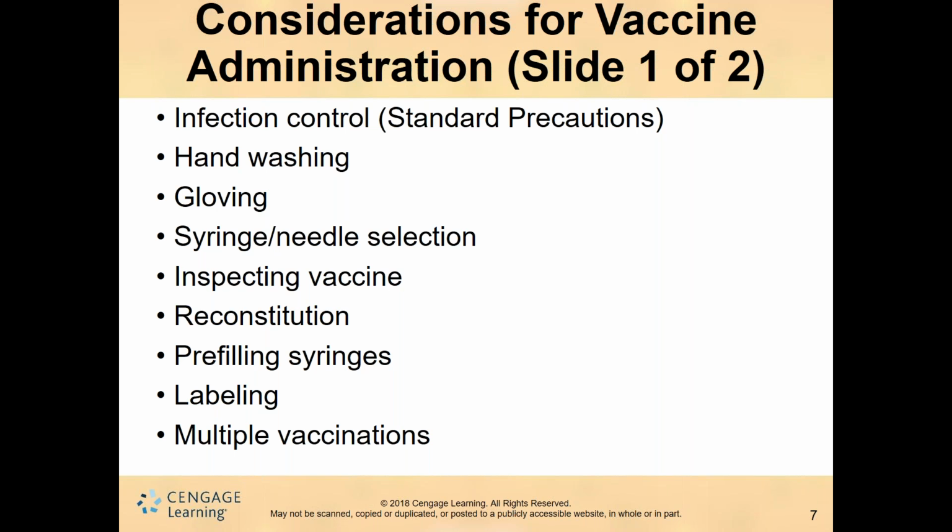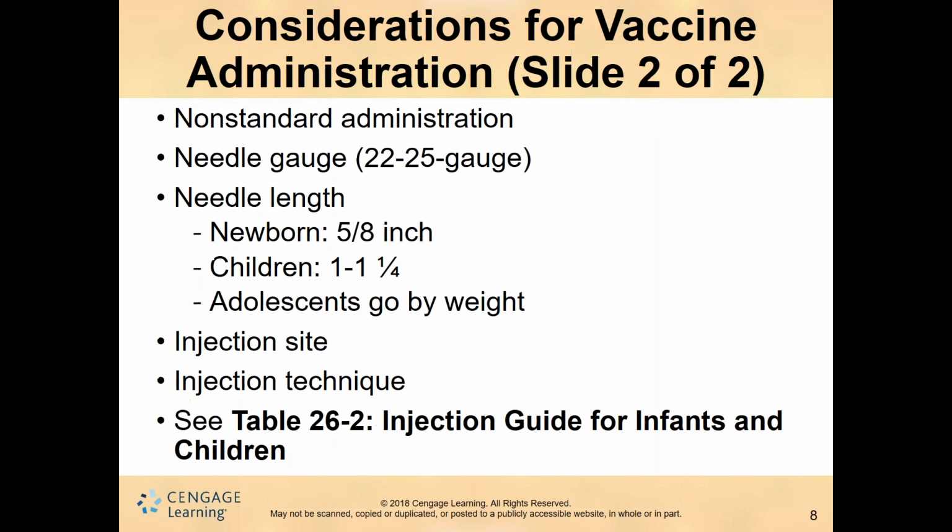You can pre-fill your syringes, but be sure you label them so you know what's in them. And then you can give multiple vaccinations at a time, and I'm sure that you've seen that. It's kind of like double teaming those poor kids, but in the end it's probably less stressful for them.